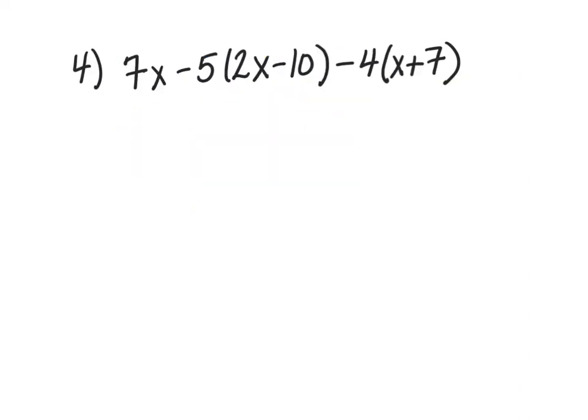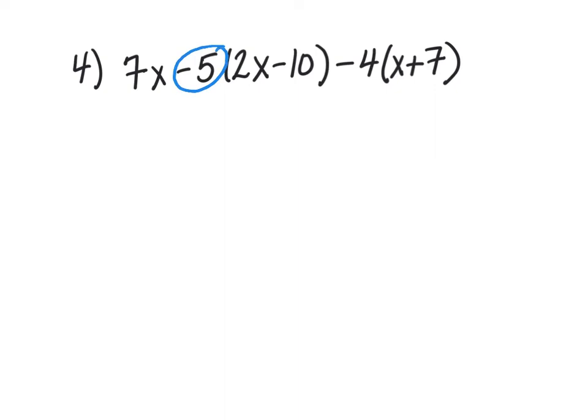Our last one looks pretty complicated. It's 7x minus 5 times 2x minus 10 minus 4 times x plus 7. So first thing I want to do is use the distributive property, and I'm going to distribute the numbers that are in front of the parentheses, and I'm going to grab the sign that's in front of it.